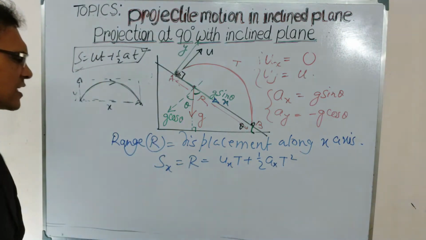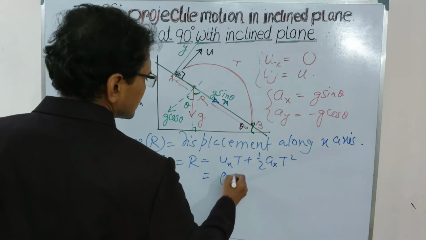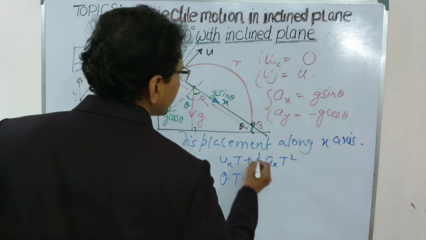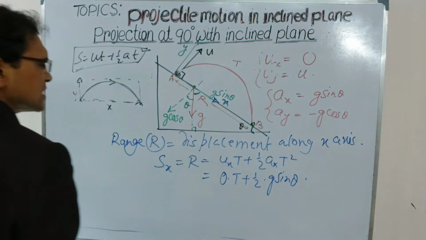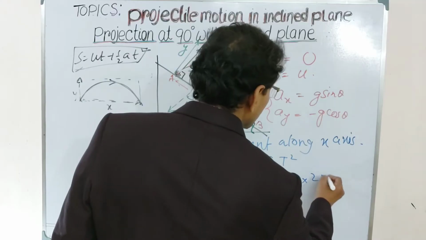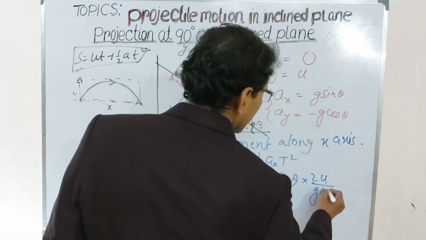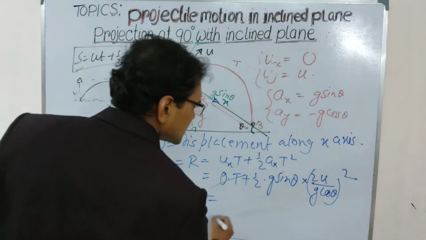We always use the equation in a straight line. Here ux equal to 0, so R equals half ax t squared, and what is t? t equals this. So this is the answer.